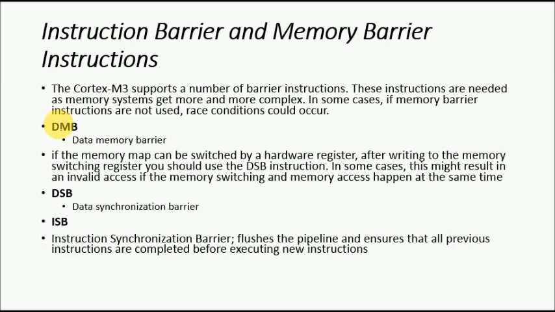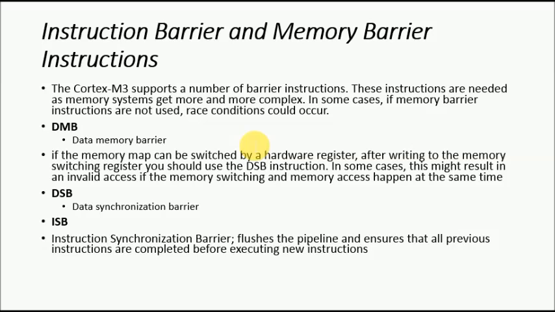That will give rise to the invalid access, so that particular memory location can be treated as an invalid address. So whenever we execute any operation related to the memory, we have to use the data memory barrier instruction, and then after that we can do the memory related operations.